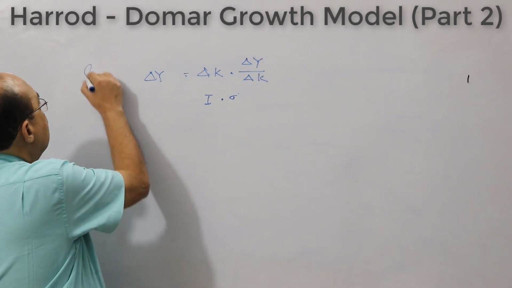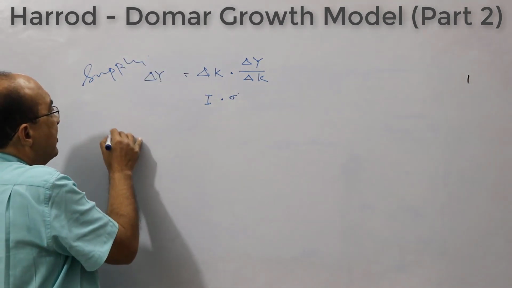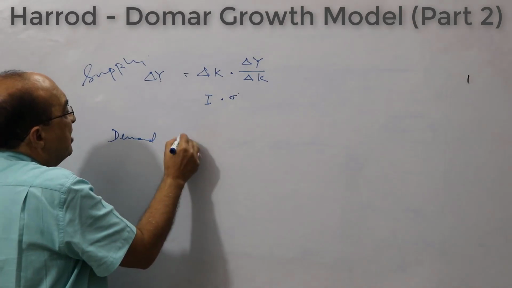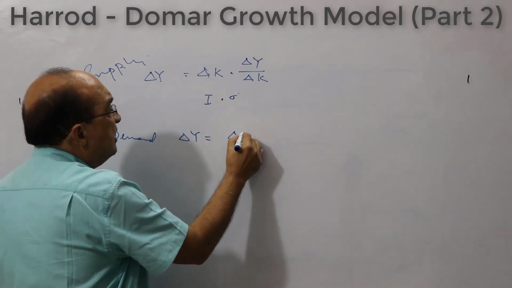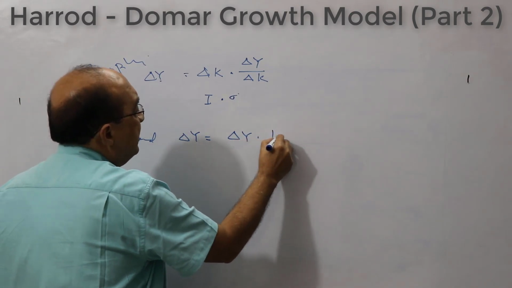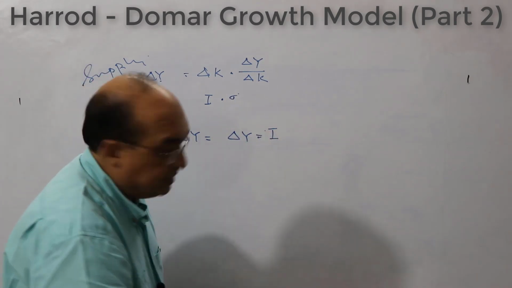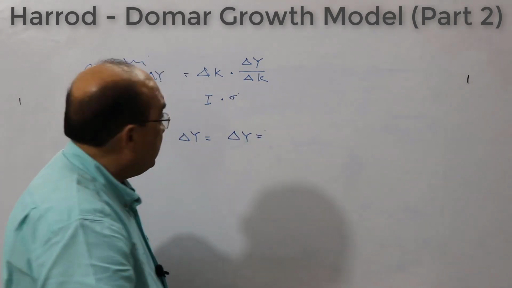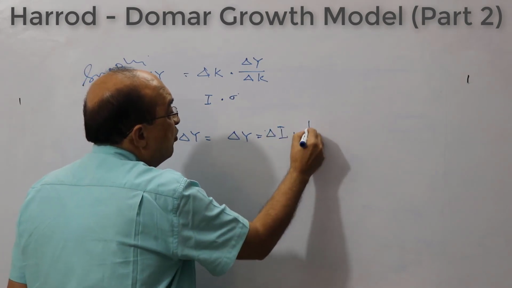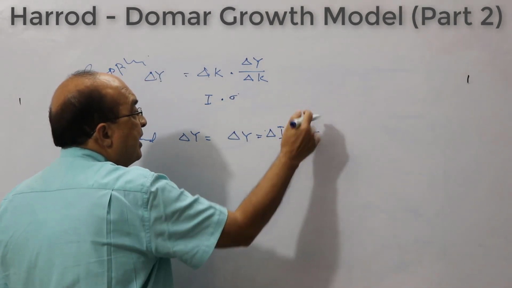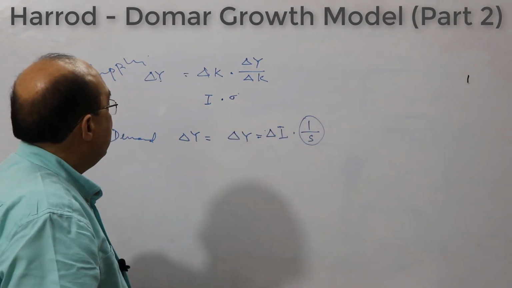This was the supply side. I'm sorry, I'm having to write it once again because I have mistakenly erased that. And for the demand side, this will be multiplied by the change in investment per period of time, that is delta investment multiplied by 1 by S, which is the multiplier, and this is the change in investment per period of time.